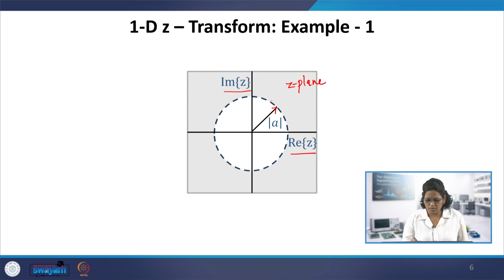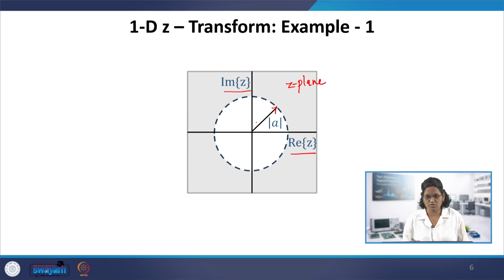The region of convergence is outside this, the gray shaded area, which is the region of convergence for which this transform converges. If the magnitude is less than a, it doesn't converge. So this is called the ROC of a power n into u of n.